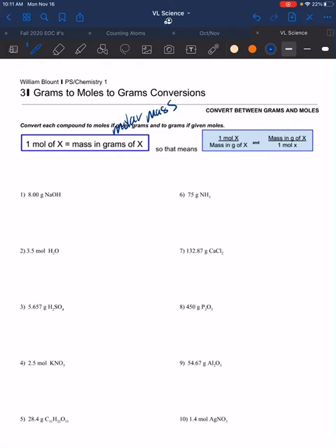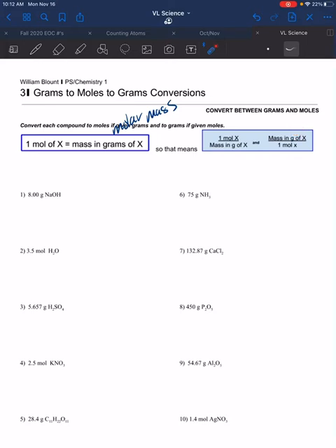So we have 2 conversion factors that we can make based on this idea of 1 mole being equal to the mass in grams of the substance. It's no different than 1 minute being 60 seconds. Those two factors are 1 mole of the substance over its mass, or grams per mole. This is just molar mass.